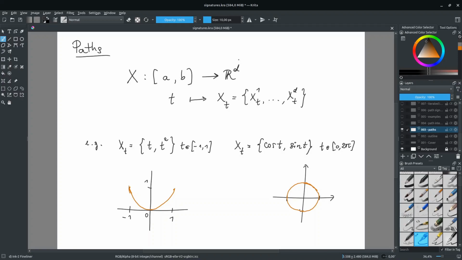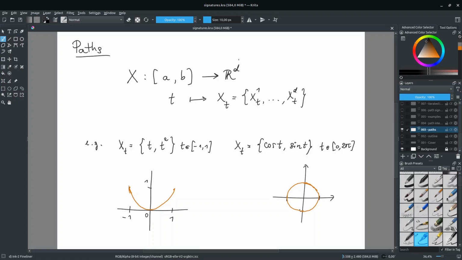Because the signature comes more from stochastic analysis, they typically use the notation from that theory. So you have X_t, with the t subscript just meaning the X at time t, and I have coordinates X^1_t to X^d_t.